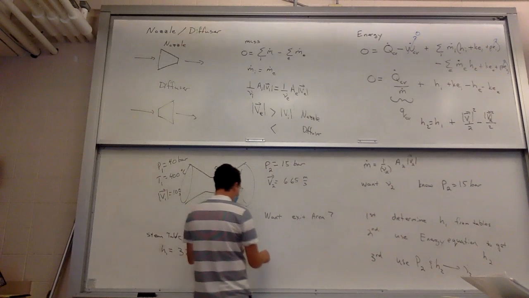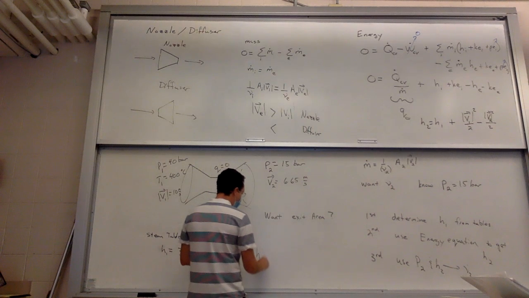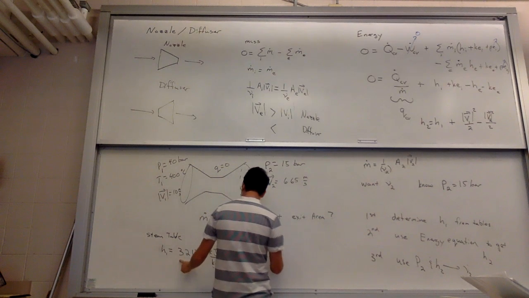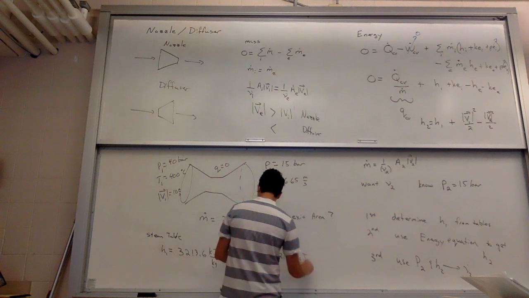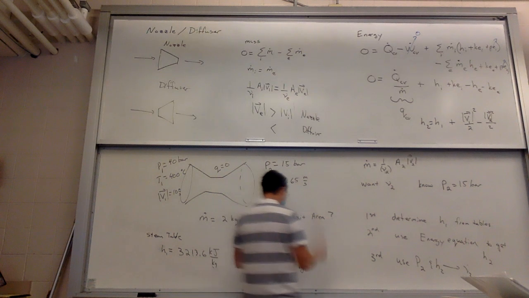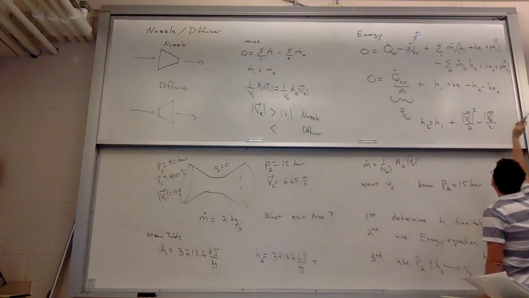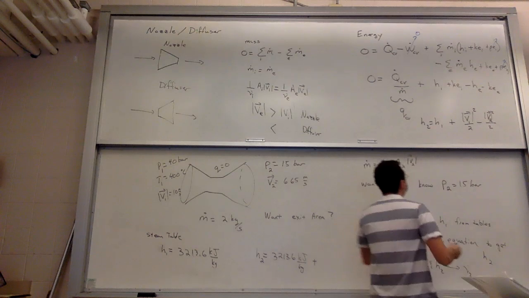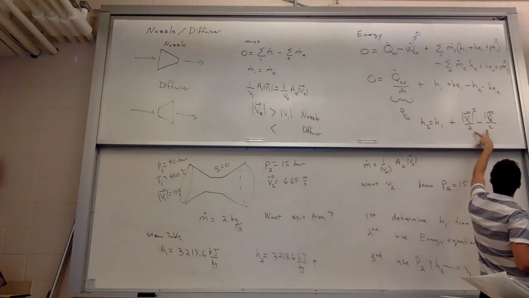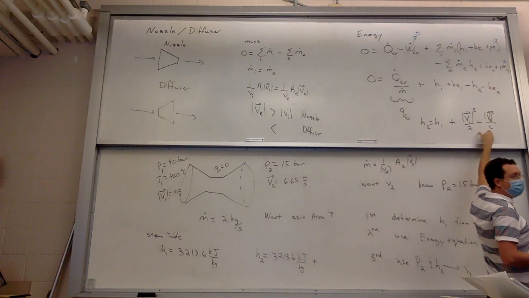So what I'm going to get from using the energy equation is that H2 equals H1, 3213.6 kilojoules per kilogram, plus V1 squared, which is pretty much negligible, minus V2 squared. But when I use kilojoules, I need to divide by 1,000 here.